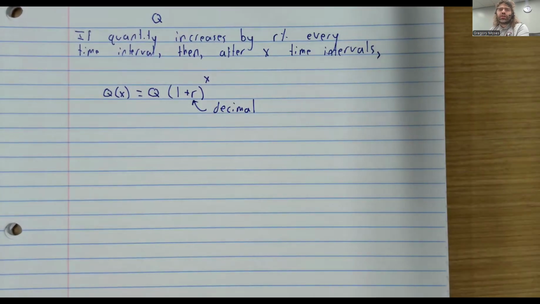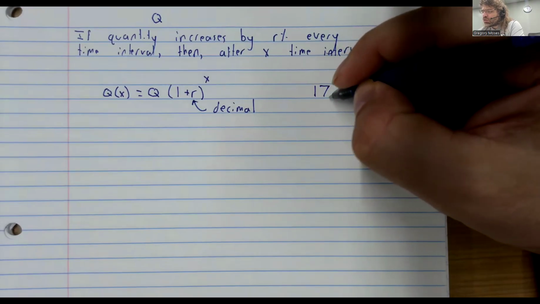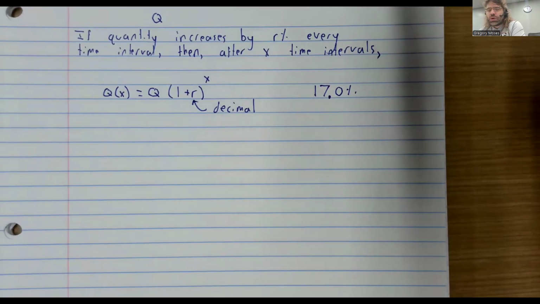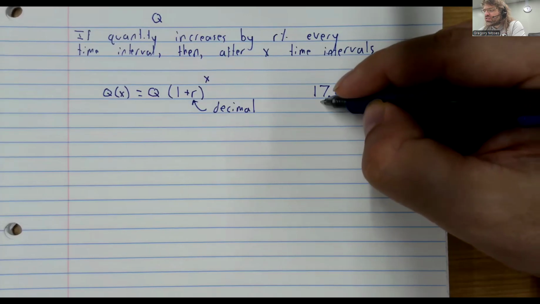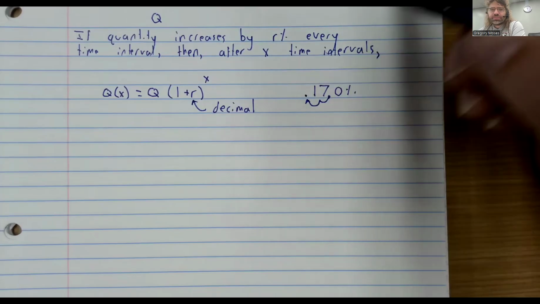R has been converted to a decimal. And we remember that to convert a percentage to a decimal, we move the decimal place twice to the left.